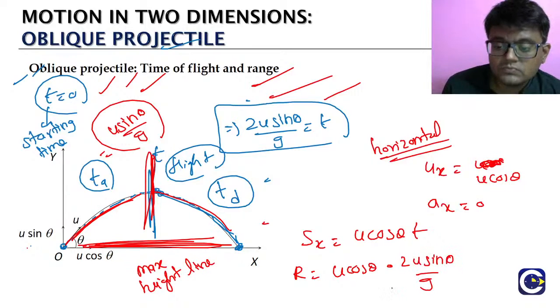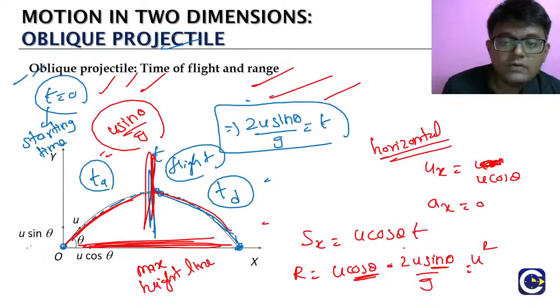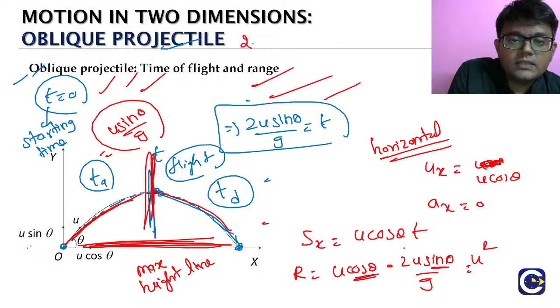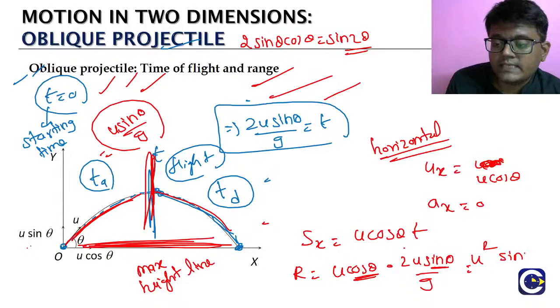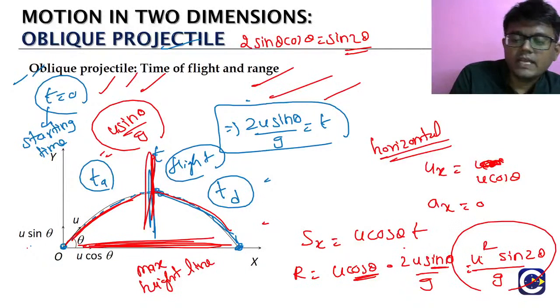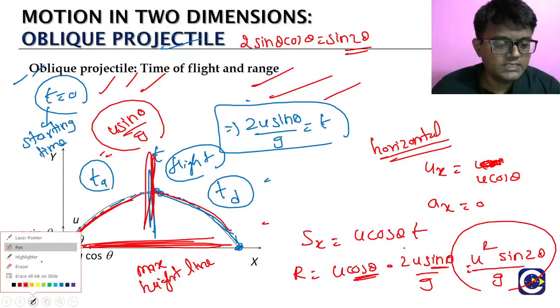So look, this is u square, cos theta, sin theta, 2 by g. In basic maths we have seen that 2 sin theta cos theta is sin 2 theta. What is 2 sin theta cos theta? Sin 2 theta. So u square sin 2 theta, and the denominator is g. So the range value is u square sin 2 theta by g. That is the range value.